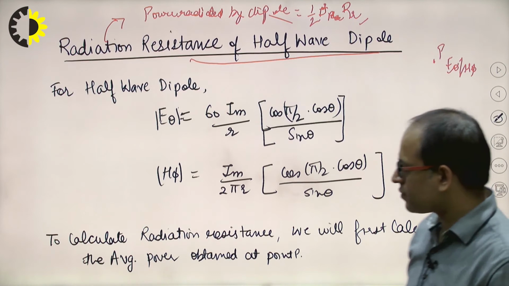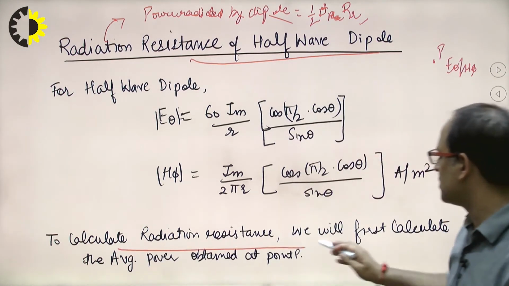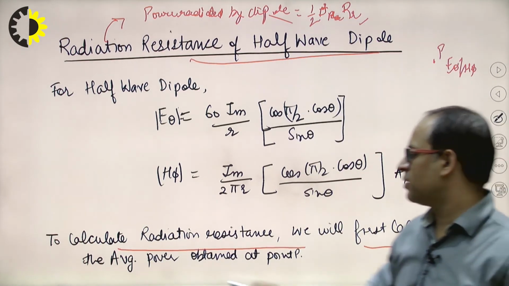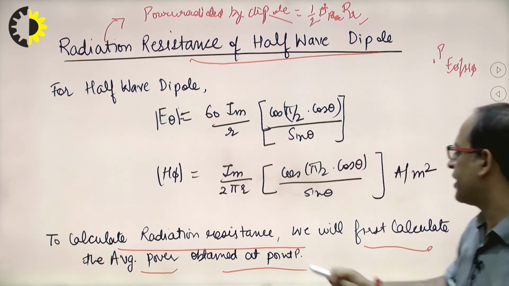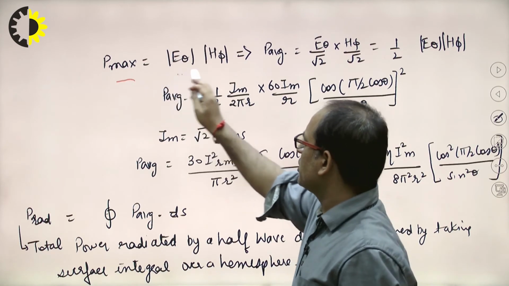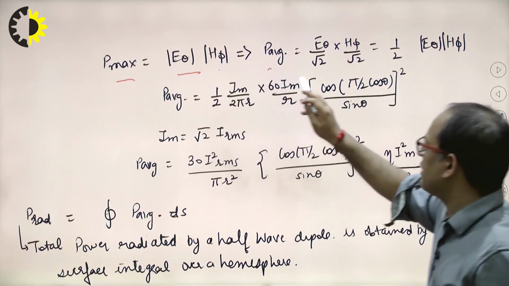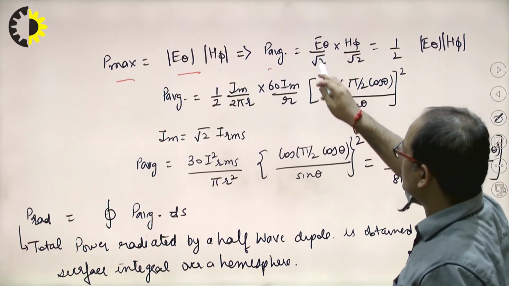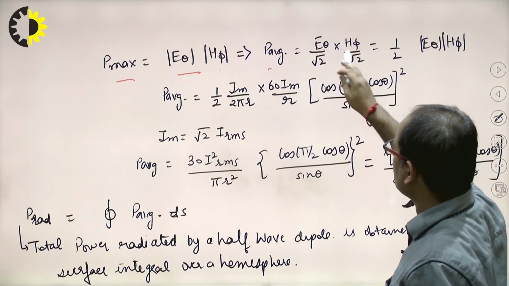Clear? So to calculate the radiation resistance, we will first calculate the average power obtained at point P. So P max equals E theta multiplied by H phi. P average power equals E theta divided by 2 multiplied by H phi by root 2.